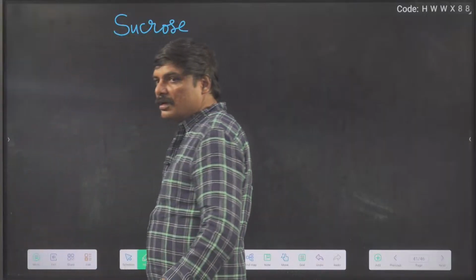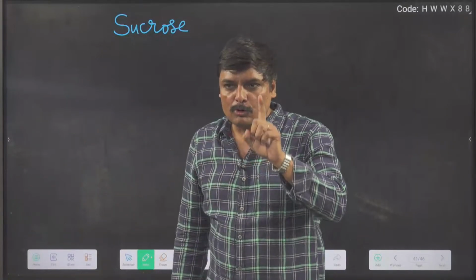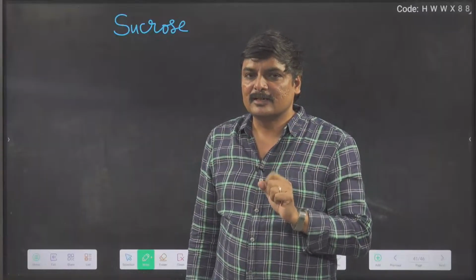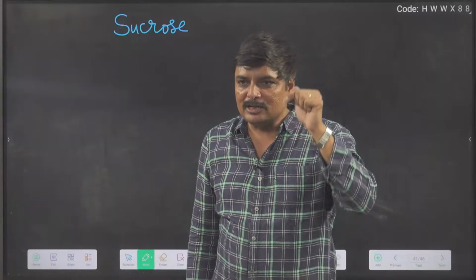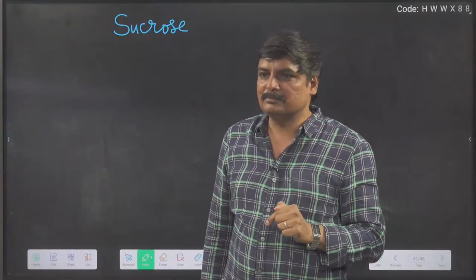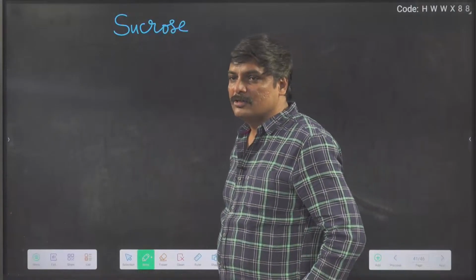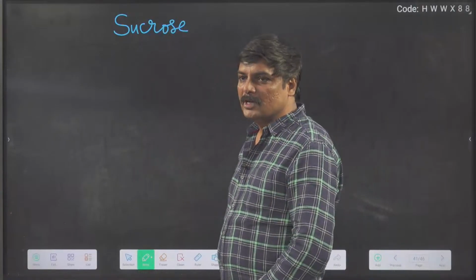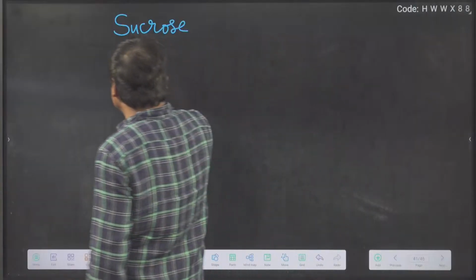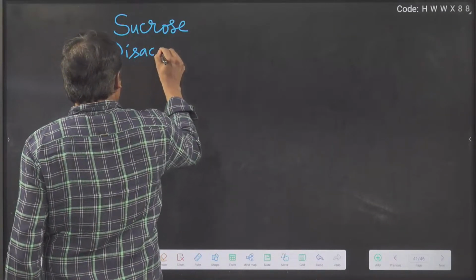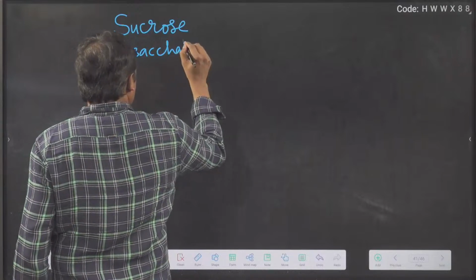I told you, glucose is the substrate for glycolysis. In plants, that glucose comes from the end product of photosynthesis called sucrose. Sucrose is a disaccharide.